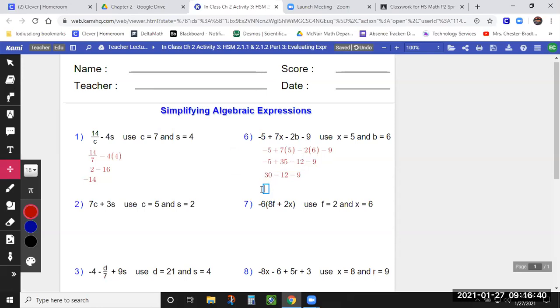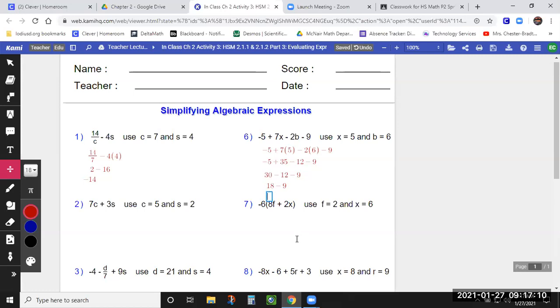Okay, so now I have to do the 30 minus the 12. What's 30 minus 12? 18. And that's got to subtract 9 for our final answer.